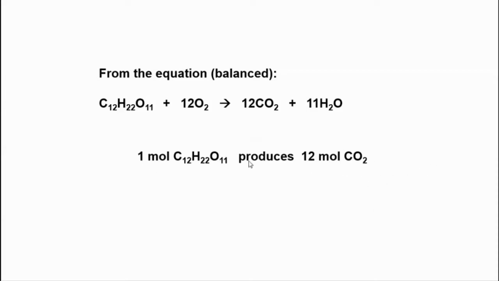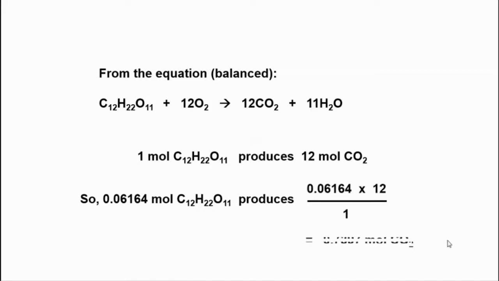This is also the stoichiometric relationship between reactant and product, where the reactant is sucrose and the product is carbon dioxide. Since we only have 0.06164 moles of sucrose, it will produce just 0.7397 moles of carbon dioxide.